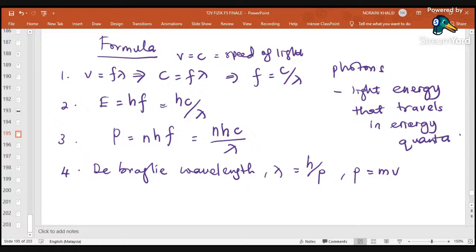Okay, same as an electron. An electron also can be diffracted, experience diffraction and interference. So an electron also experiences wave properties. That's what we call wave particle duality. So from here we get lambda equals h over mv.